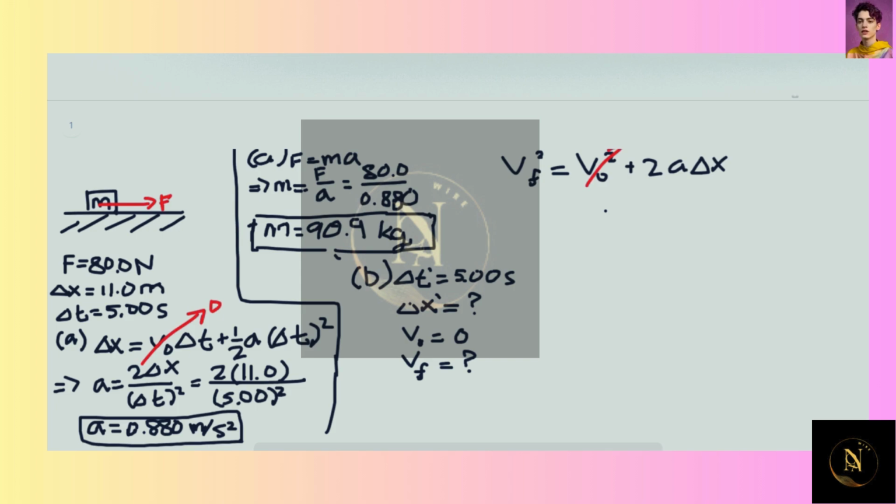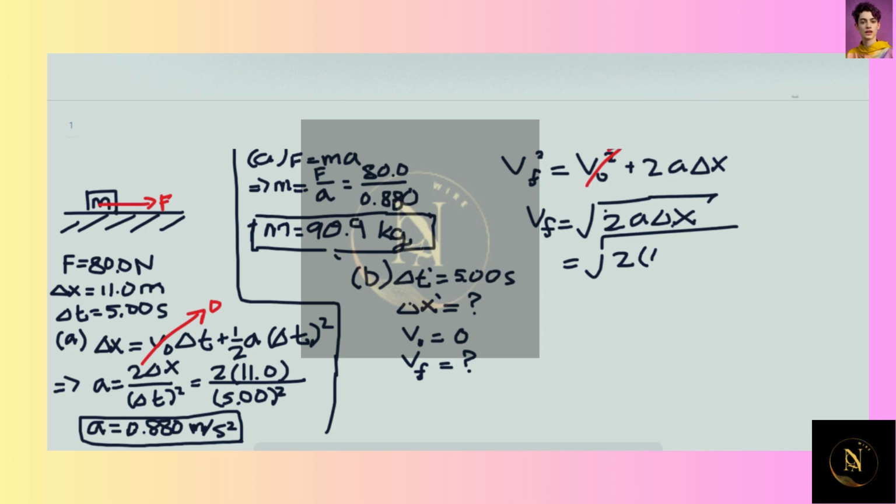And then we can get the final velocity that we need by taking the square root of both sides. Alright, so now I can plug in some numbers.